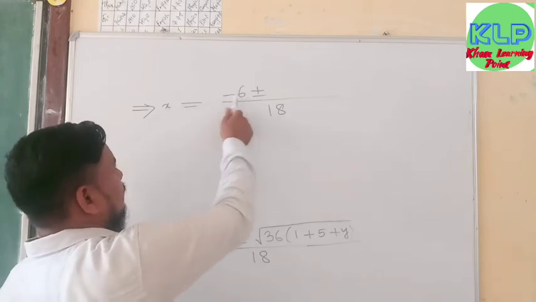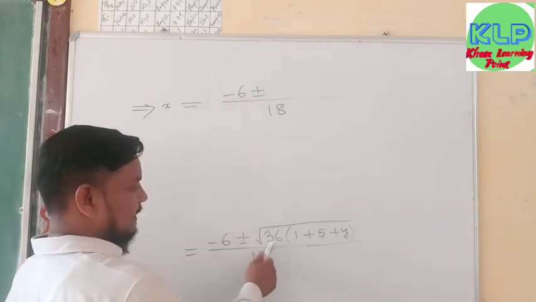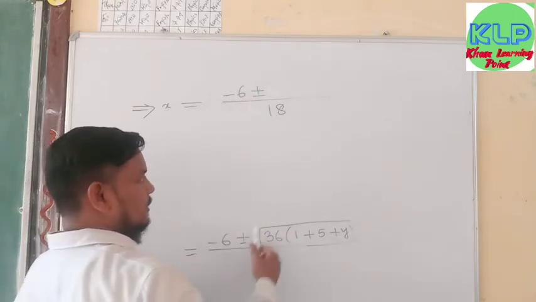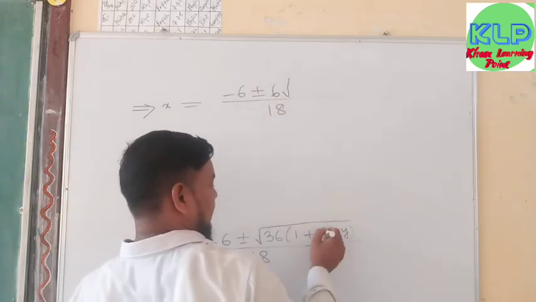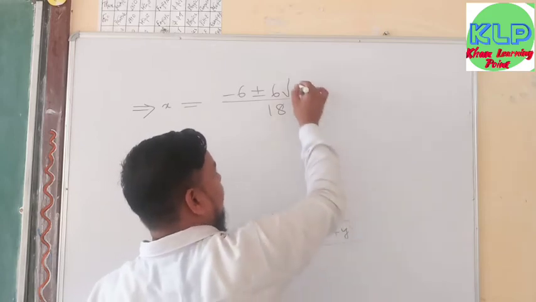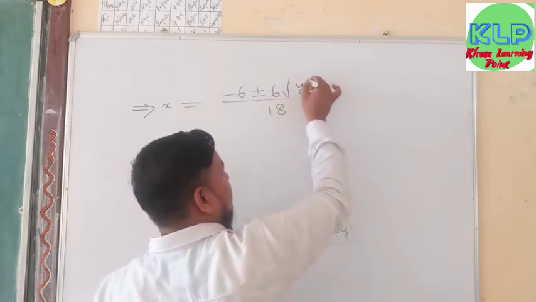Hence x equal to minus 6 plus minus, here 36, if we take the square root outside, it will be 6. So square root of 1 plus 5, that is 6 plus y, or we can write y plus 6.